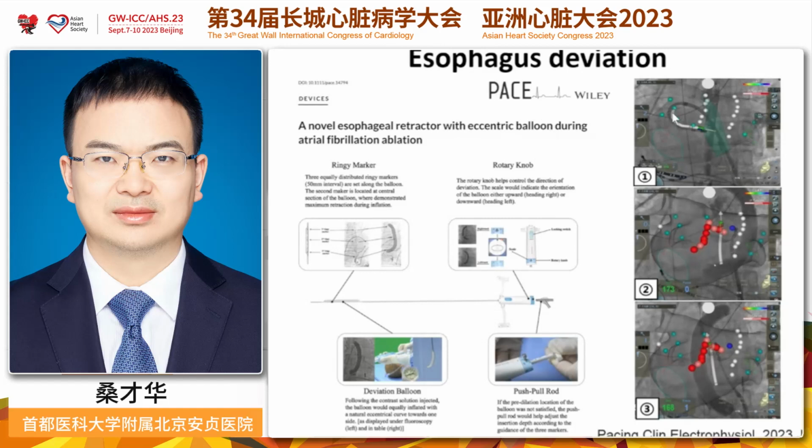After the esophagus moved to another side, we used 50 watts and achieved an AI of about 450 to 500. We can terminate the tachycardia and achieve block of this line.